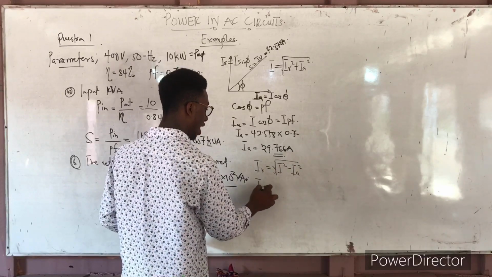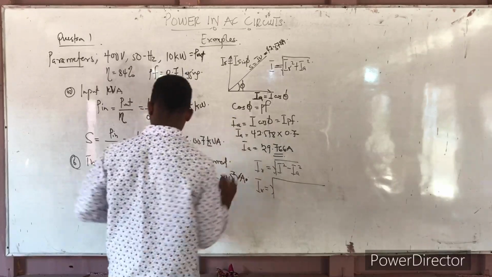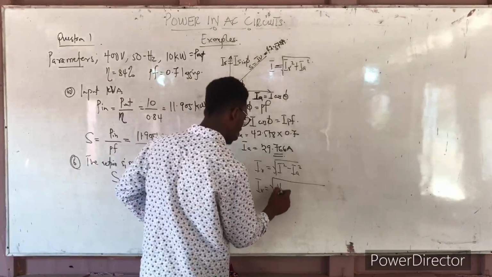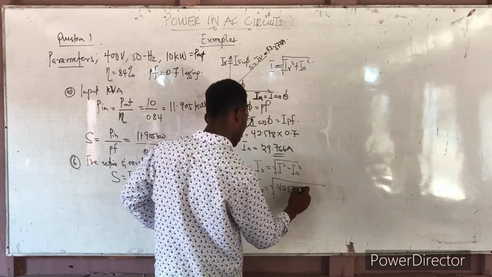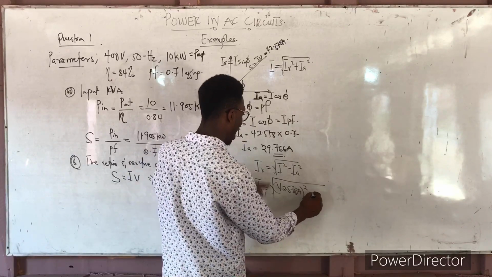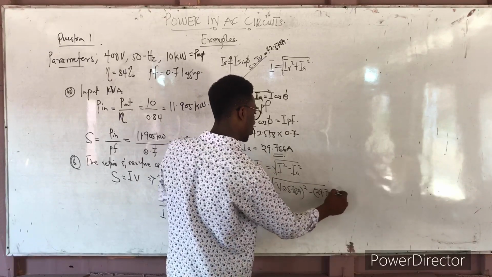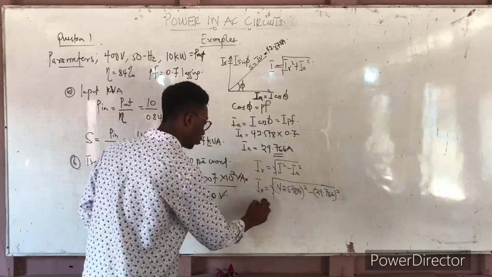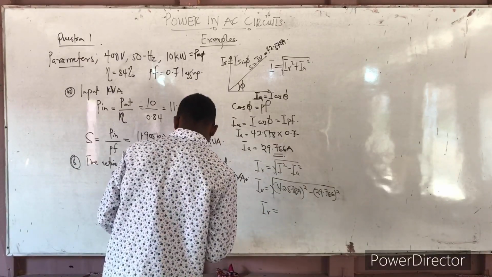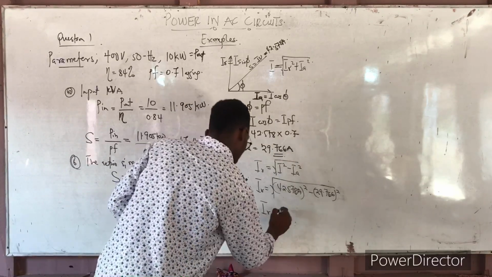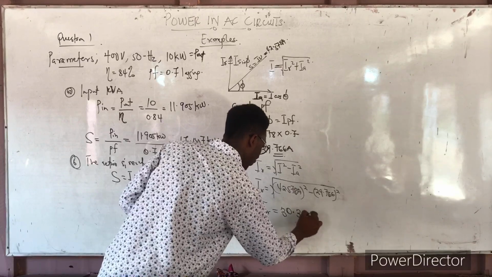Therefore, our IR becomes the square root of I, which was found here, 42.578 ampere, squared, minus IA, which is 29.766, squared. When you do this, your IR will be 30.361 ampere.